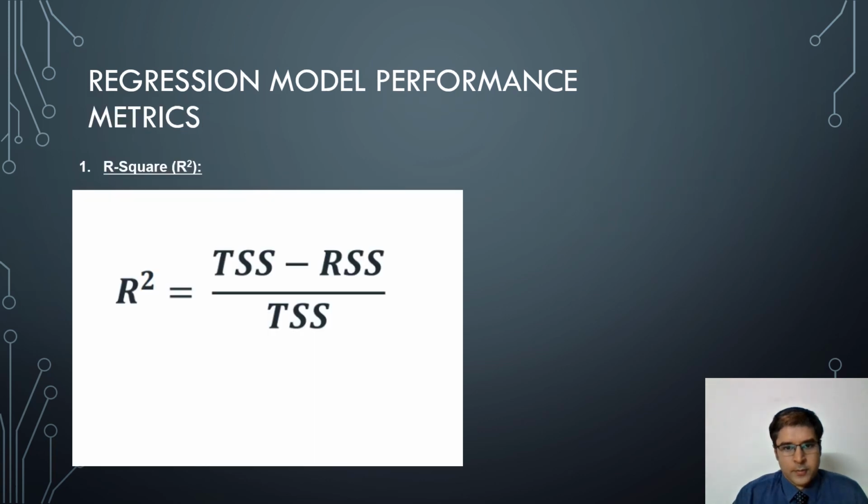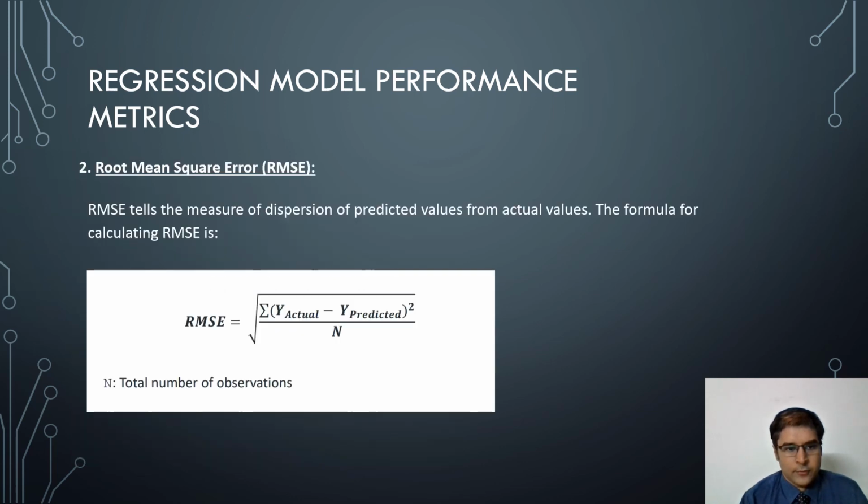Regression model performance metrics: R square. R square is given as (TSS minus RSS) by TSS, where RSS is the residual sum of squares and TSS is the total sum of squares. Next one is the root mean square error or RMSE. It tells the measure of dispersion of predicted values from the actual values. So it is a measure of dispersion of the values that the model predicted from the actual values.